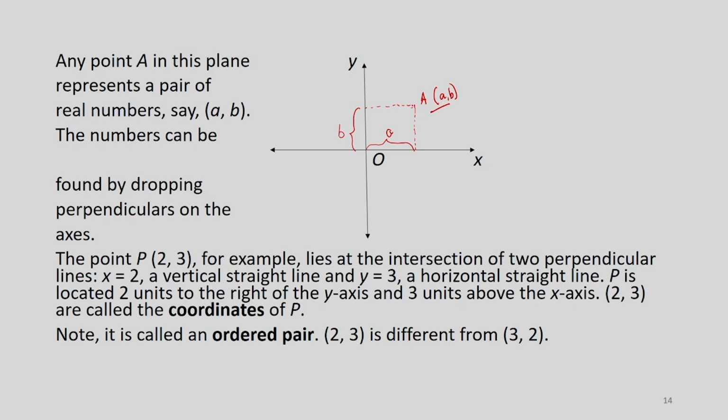The point P, which has a coordinate of 2 and 3, for example, lies at the intersection of two perpendicular lines. Okay, let us do it differently. So, 2, 3, here is the point 2, 3. It lies at the intersection of two perpendicular lines, x is equal to 2, this line.